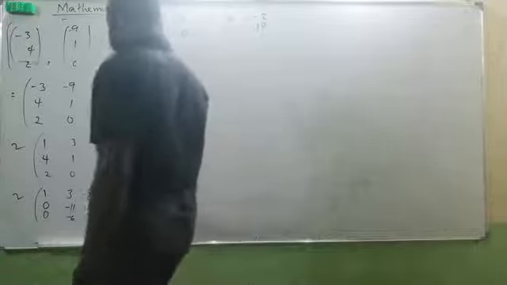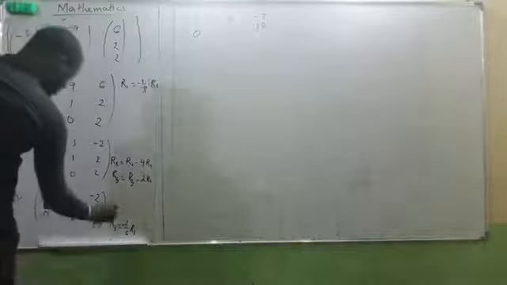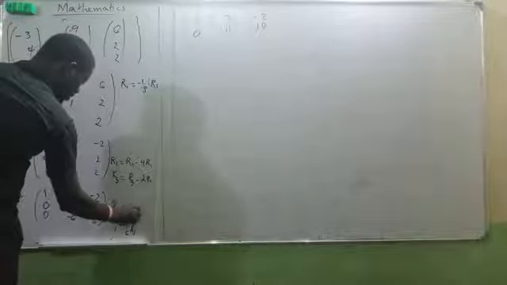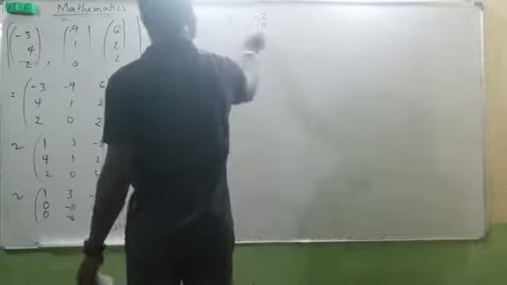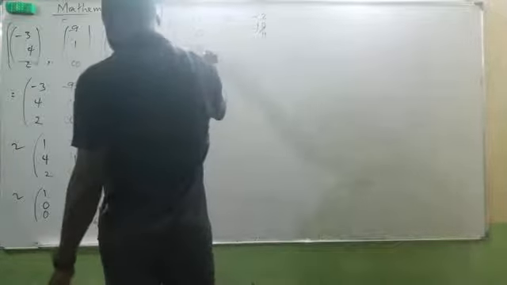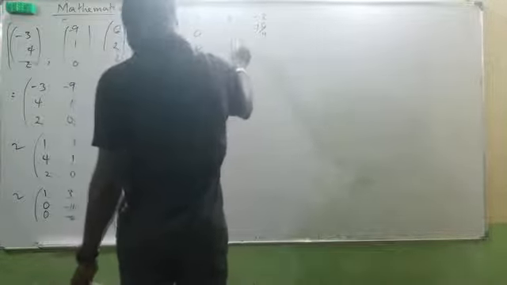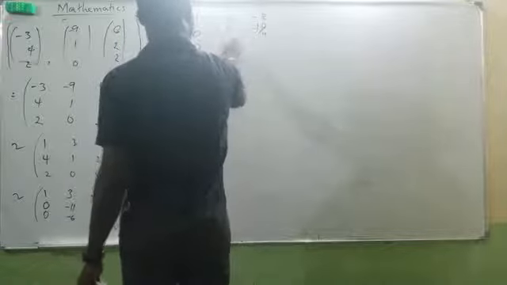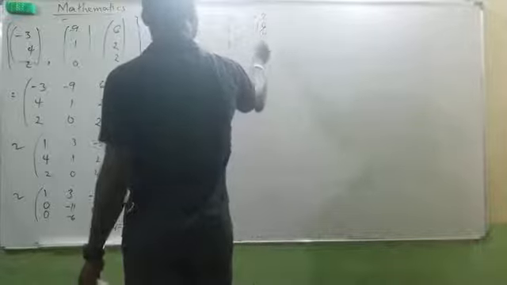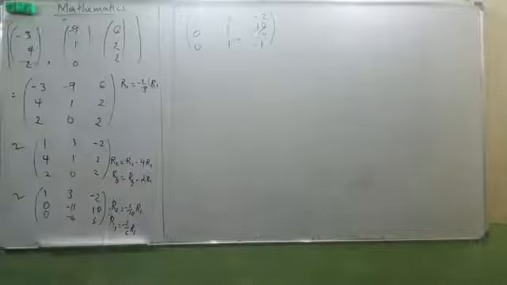If I decide to make this, R2 equals 1/10 of R2, I'll be having 1, this will be -1/11, and here will be 0, -1, this will be 1, and this one will be -1. That is what we are talking about.